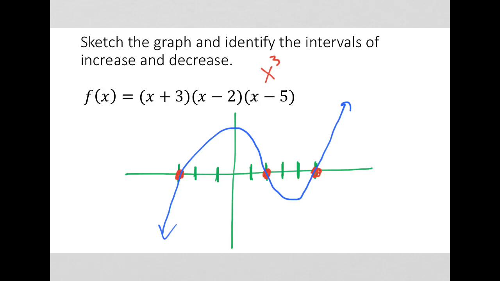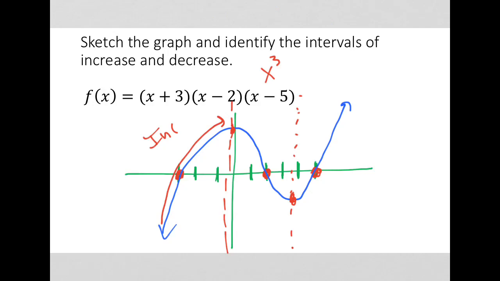So if I think about this function, I want to identify the intervals of increase and decrease. Well, at this point, I don't know how to do this without my calculator. But remember, we would find those maximum and minimum values there. We would find the x values, and then we would say that this area to the left is increasing, because as you move to the right, your graph goes up.